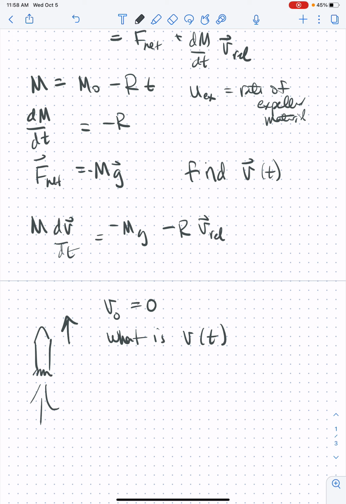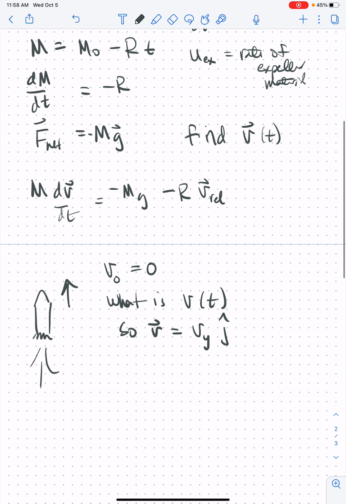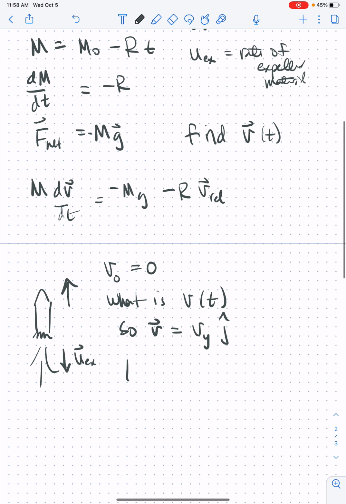We're assuming that it's going straight up here, so v is just vy j hat, and we can make this equation into a scalar equation instead of a vector equation. And our u expelled vector is negative u expelled j hat.